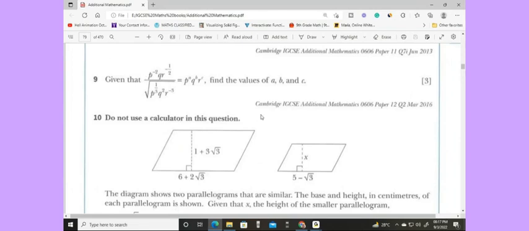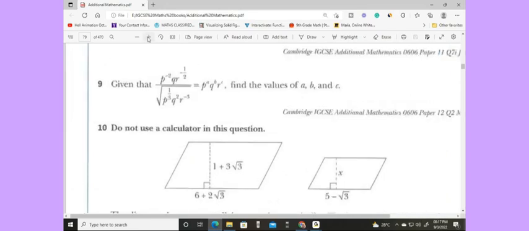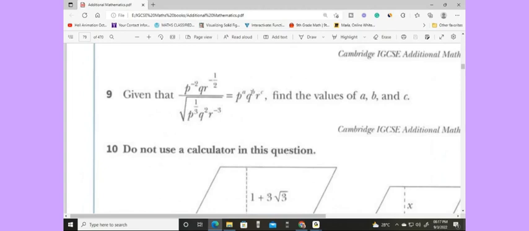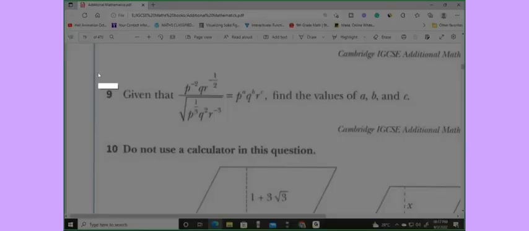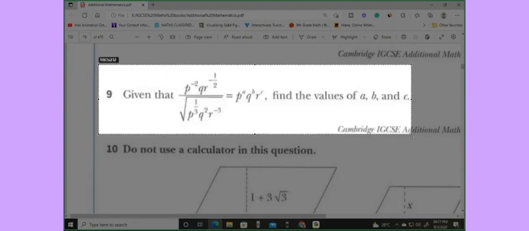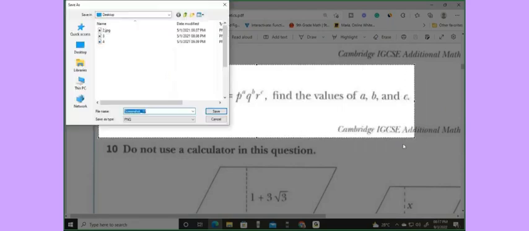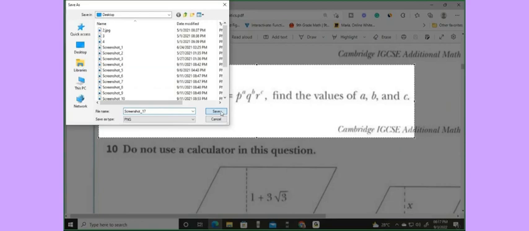And they're asking you to find the values of a, b, and c. A, b, and c are actually present at the power position, you can see. It's a little blurry question, but this is it. So we are going to pick up this question and try to find out the values of our a, b, c. We just grab the snapshot from here, and then we jump to the board.